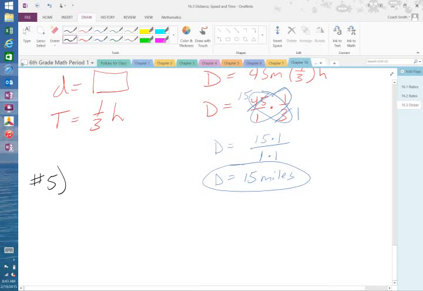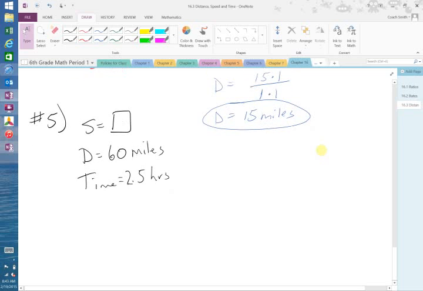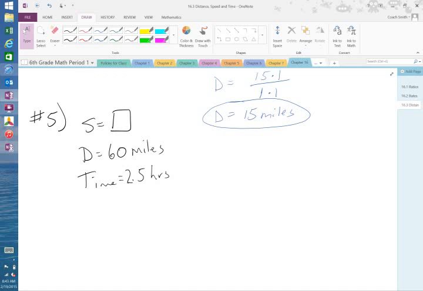All right, let's look at this one. Number 5 says, speed is what we're missing. Distance is equal to 60 miles. Time is equal to 2.5 hours. Okay, so the formula for speed is equal to distance divided by time.